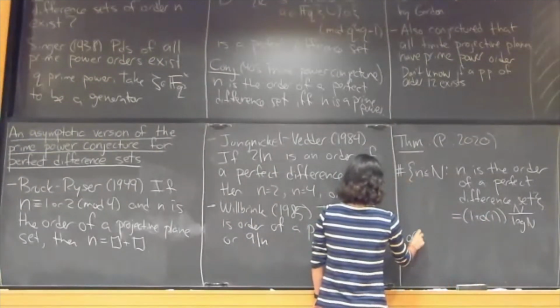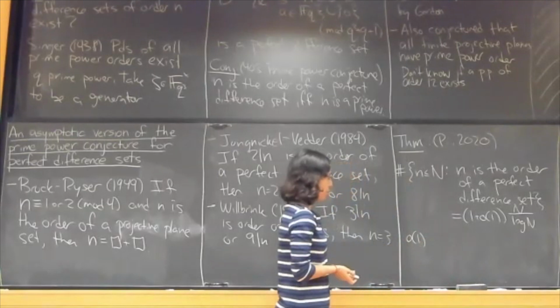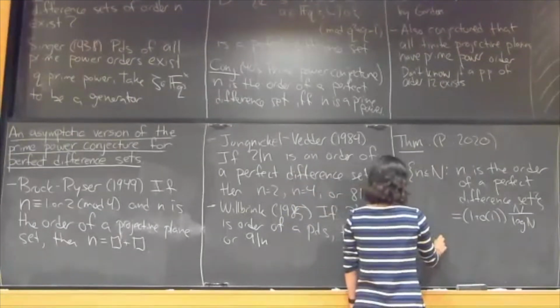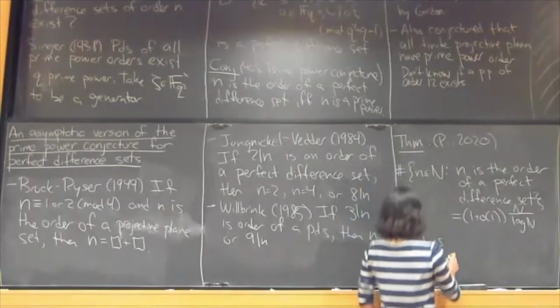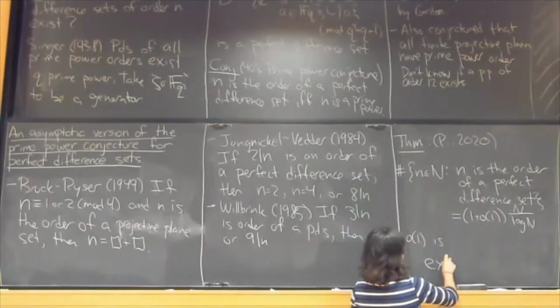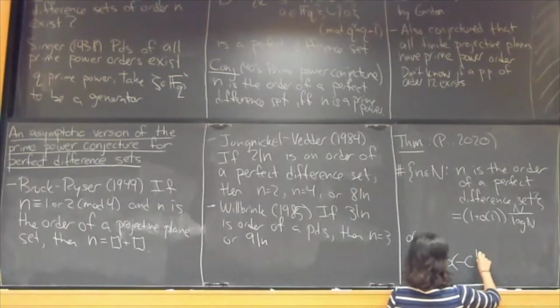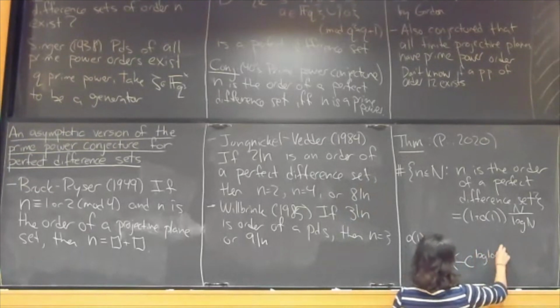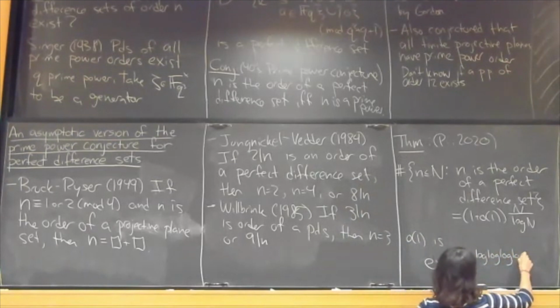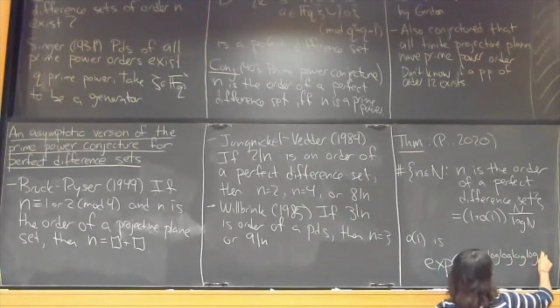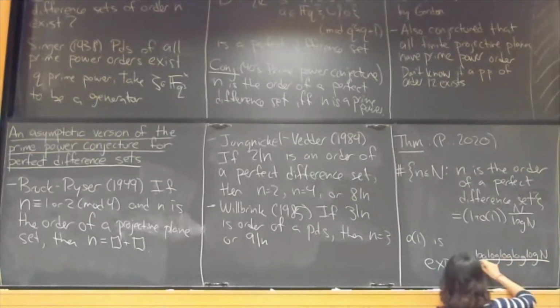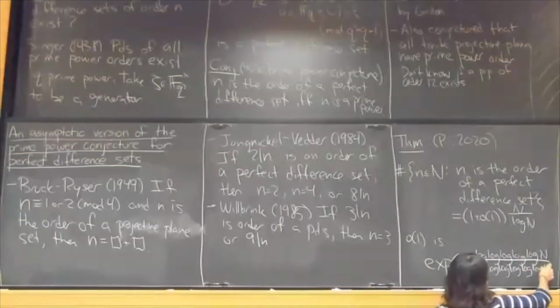The little o of 1 that I get, I didn't try that hard to optimize this, is like e to the minus a constant times log N divided by log N.